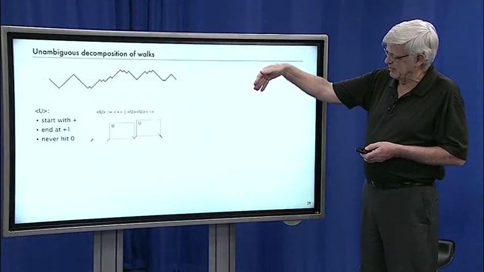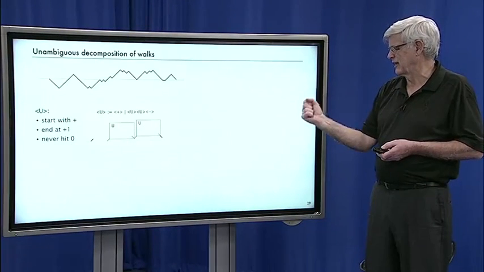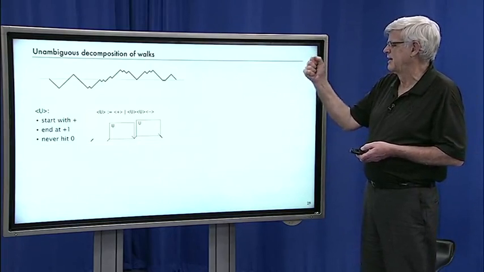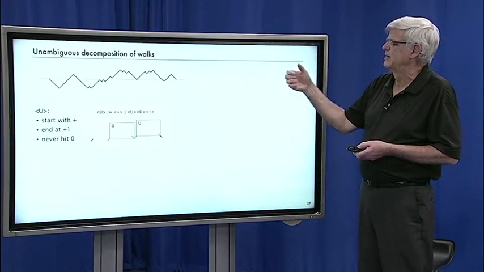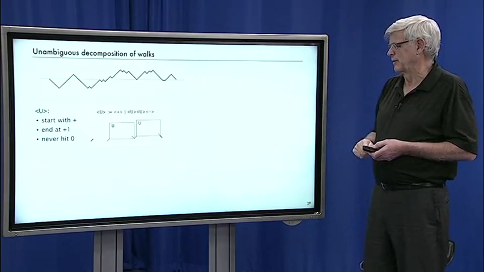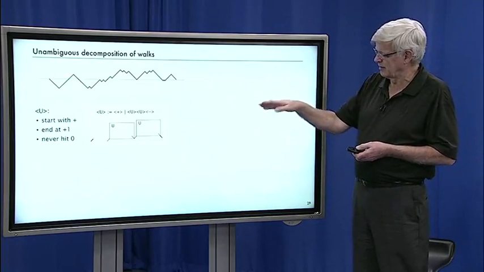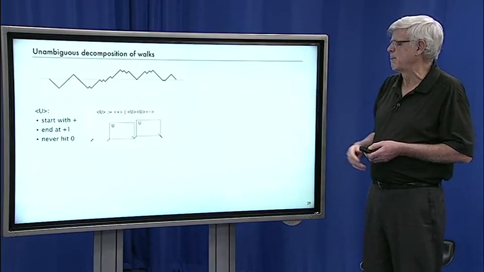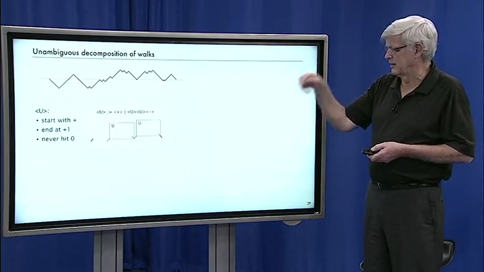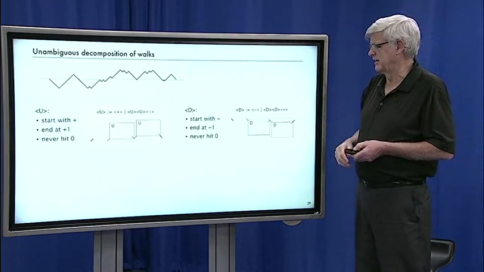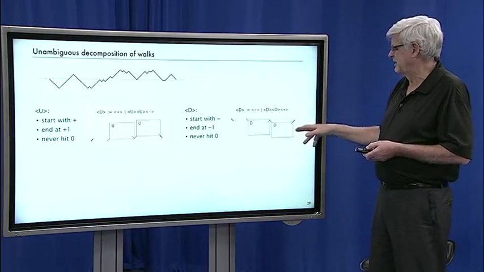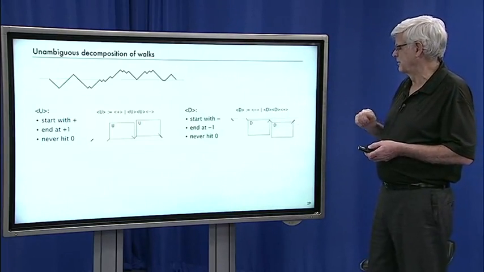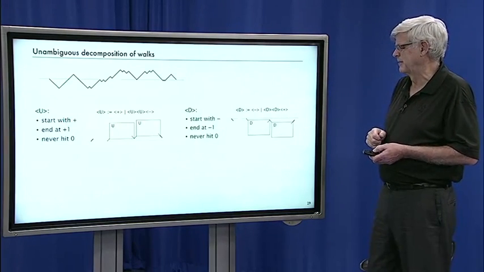So you can make a U by either just taking a plus, or by having a U and then appending another U to it, and then having a minus. So it starts at the baseline with a plus, and it ends at +1, never hits 0. That's a U. And that's an unambiguous way to define a U. And similarly, you can have a D that starts with minus, ends at -1, never hits 0. And you get a D by putting two Ds together.